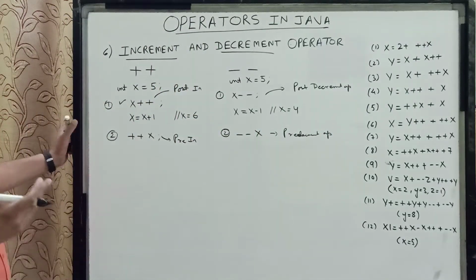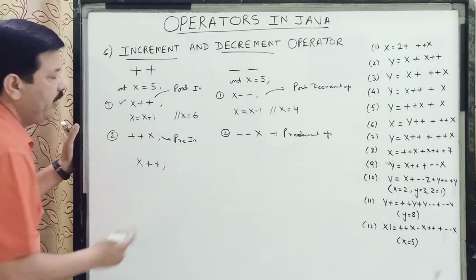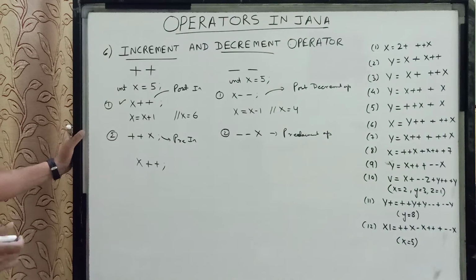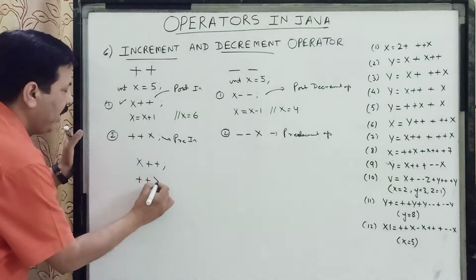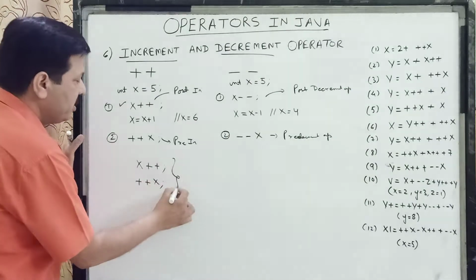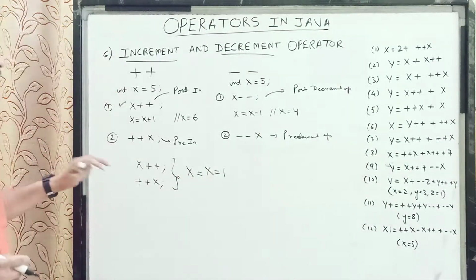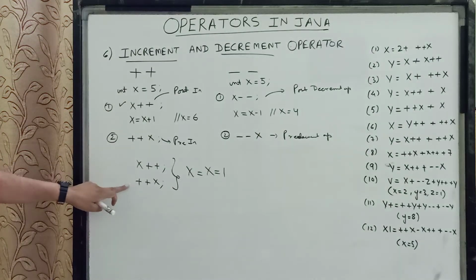Now children, when we are using it in a program, say if I write x++ as a single statement in a program, or if I write ++x in a single statement in a program, then both these statements are increasing the value of its operand by 1.